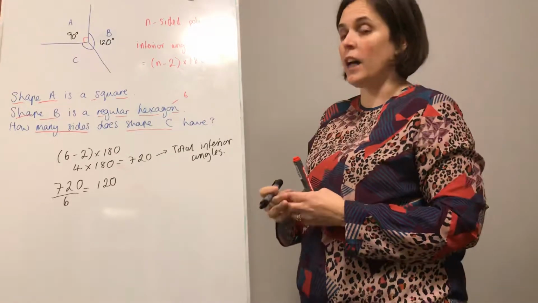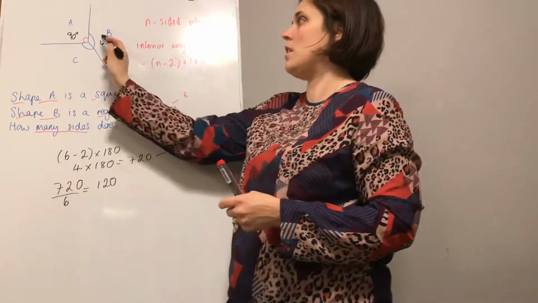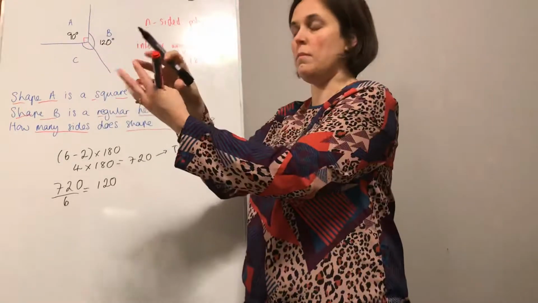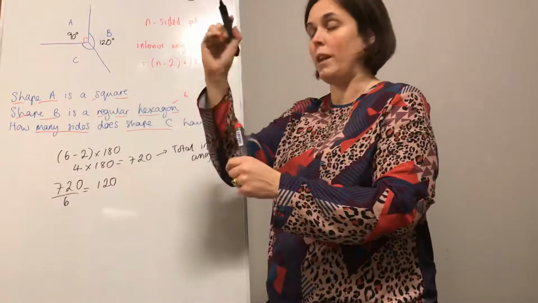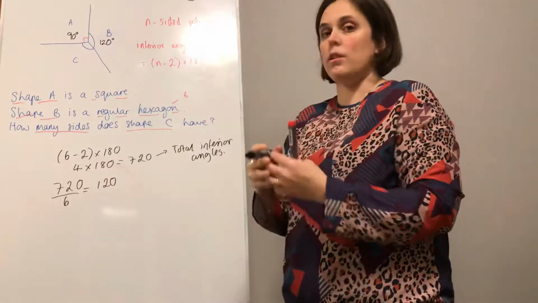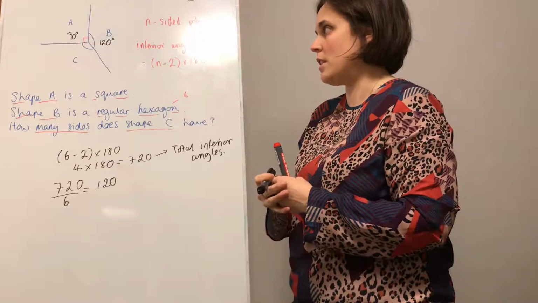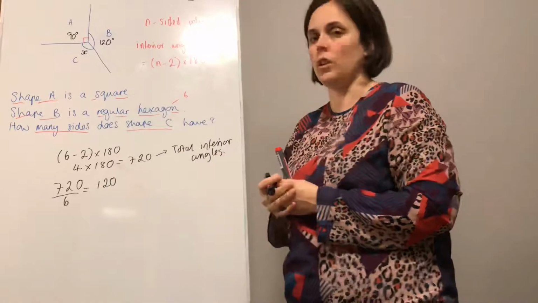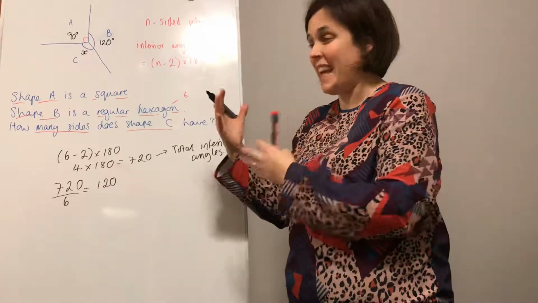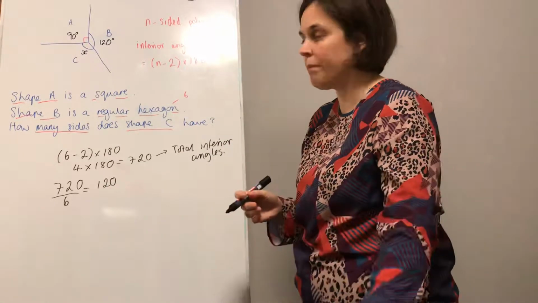So the next angle fact that we need to use is that, remember it's a zoomed in part of a shape, we can see that this all goes around one point. So the angles around a point add up to 360 degrees. Let's call this angle here X, just so it's easy to recognise what we're doing.